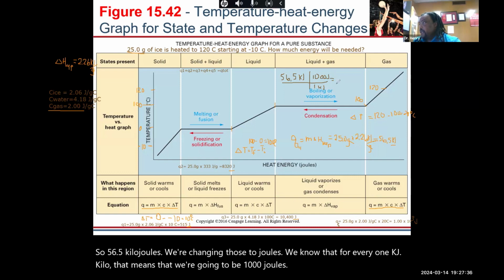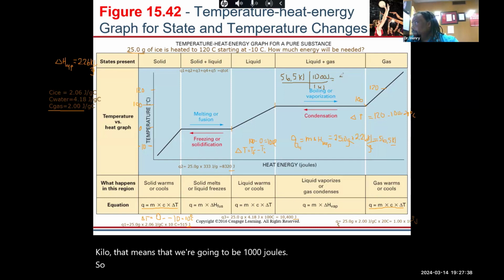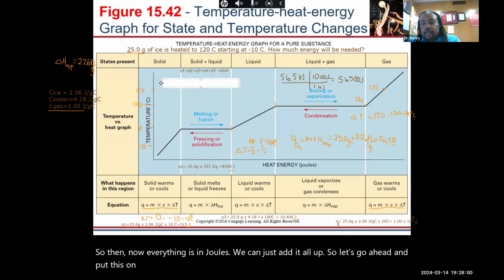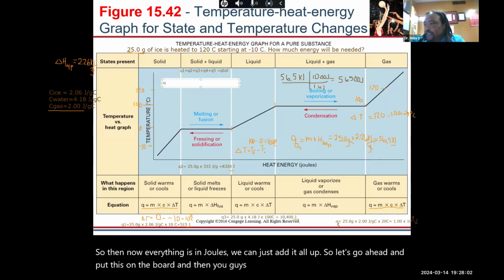So that's going to be 56,500 joules. Okay, so now everything is in joules, we can just add it all up. So let's go ahead and put this on the board, and then you guys start doing those calculations.